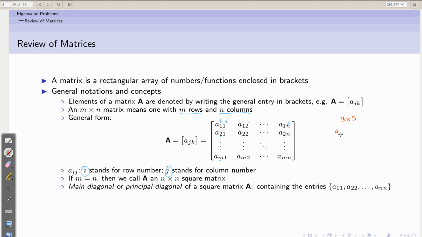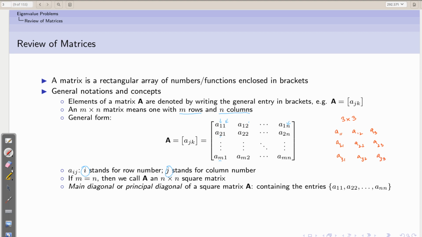The elements are going to be A11, A12, A13. This is the first row. The second row will be A21, A22, A23.